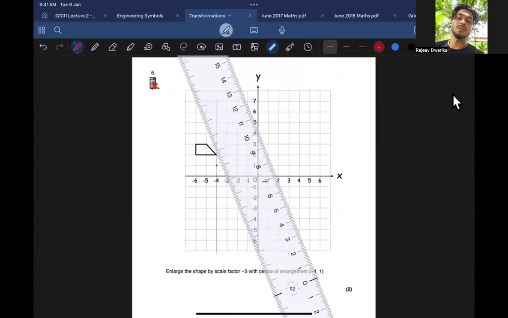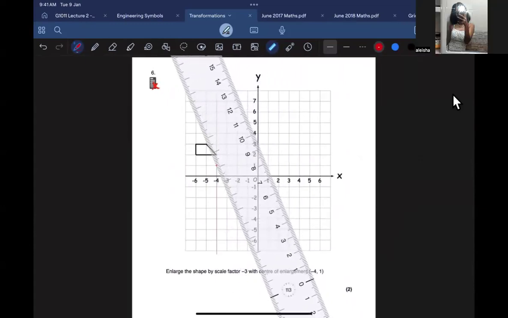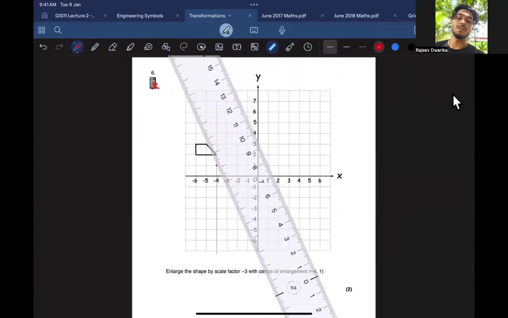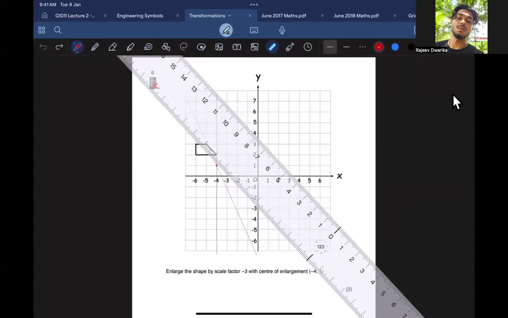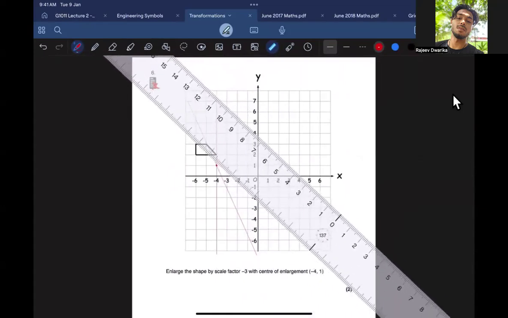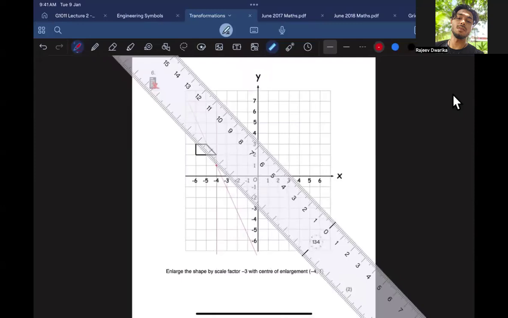Then I'm going to line up this other point with the center as well. Then this one. So just lengthen out your ray lines, but it's correct.